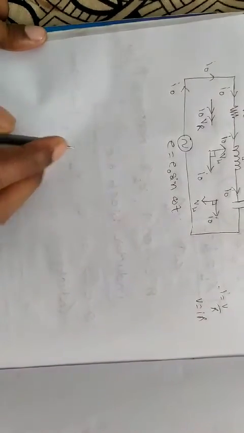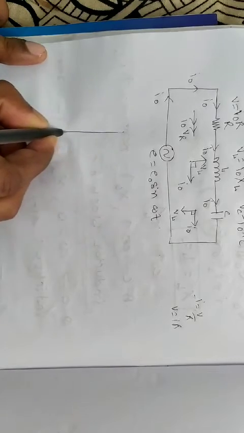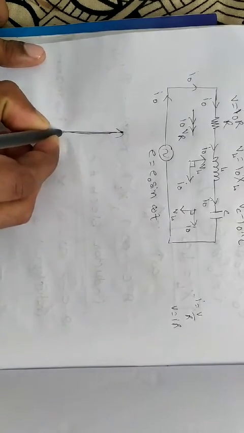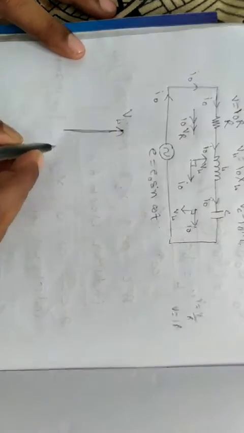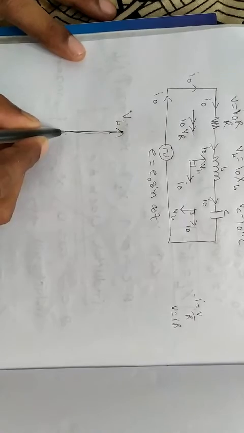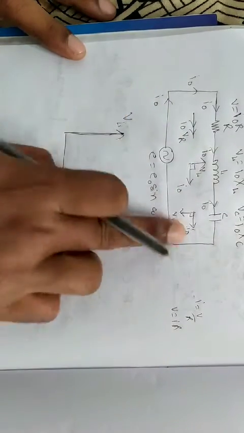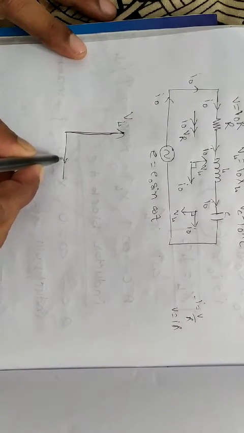Now try to understand how we will make the diagram of this. Let's suppose at any time t, this is VL. The current direction is this, in this also, in this also. So let's say this is the direction of our current.